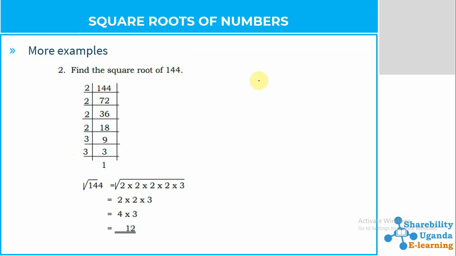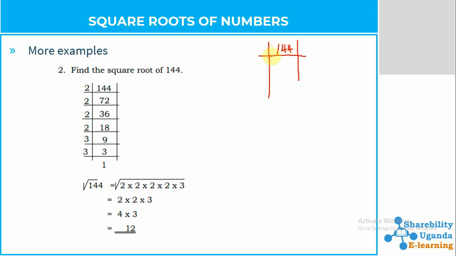We said when we use a ladder method, we just arrange our value as you can see here. We write our value here, and then we present our value, which is 144.